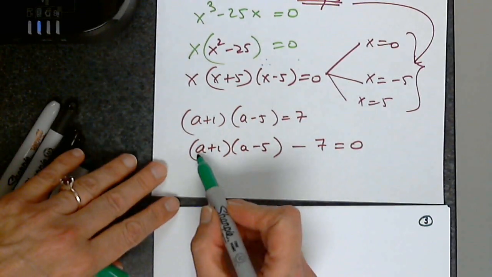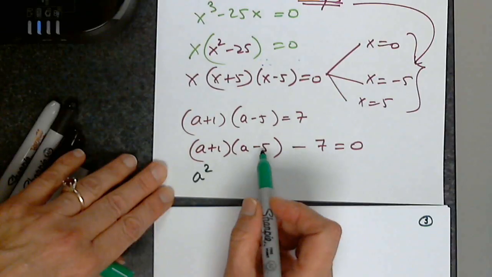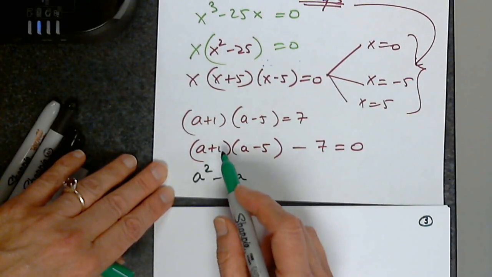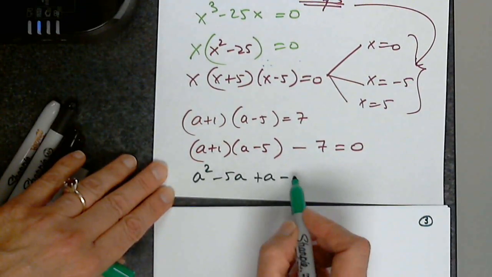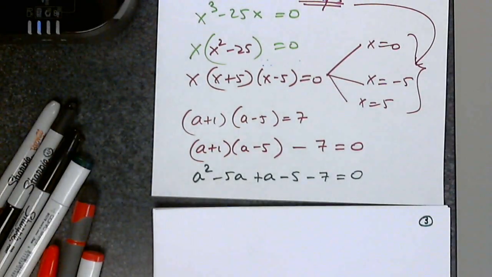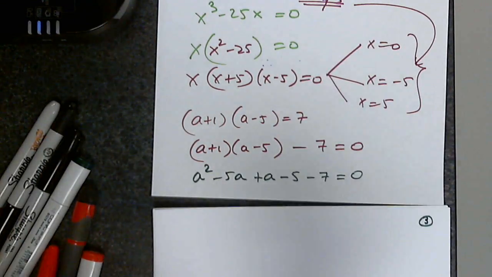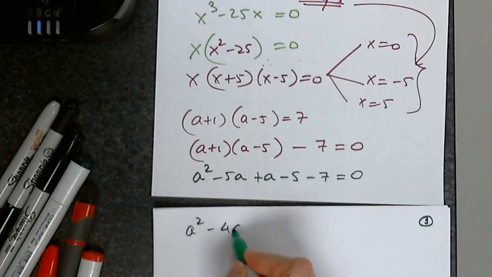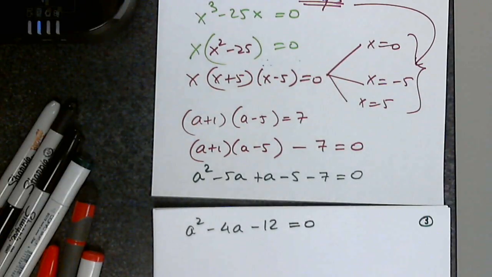Of course. a times a squared, a times -5, 1 times a, -5, -7 equals 0. Perfect. Now what? Exactly. So I have a squared minus 4a minus 12 equals 0.